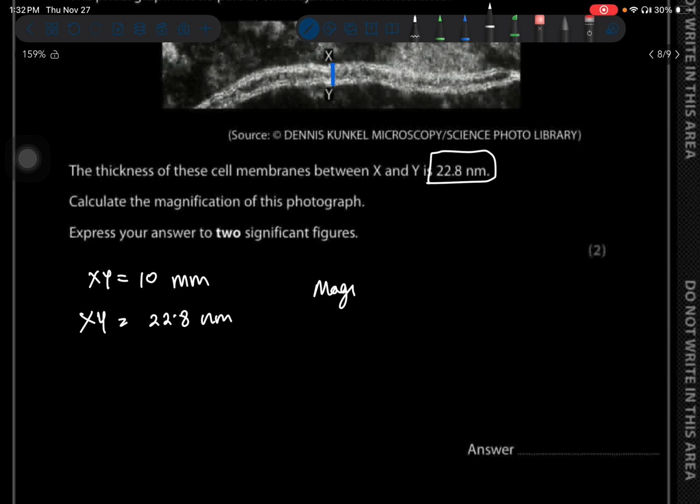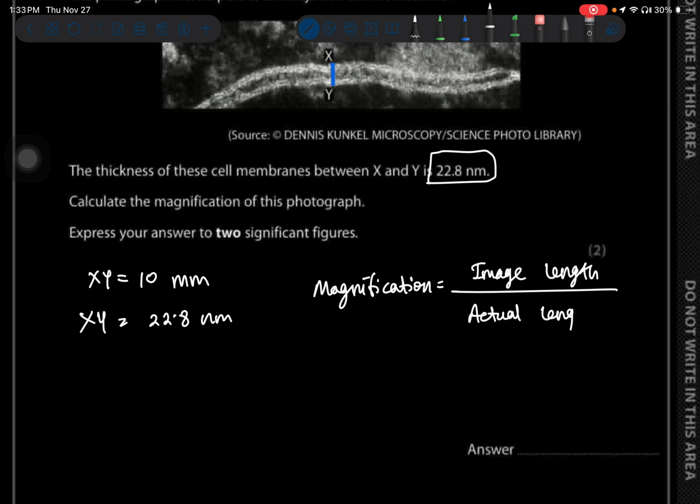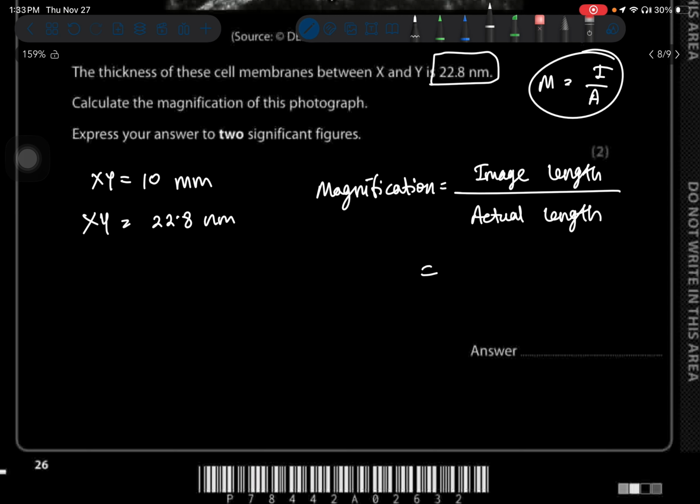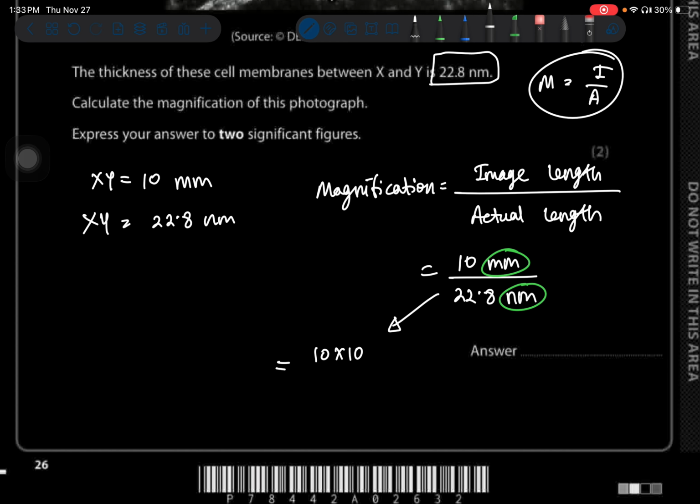Now we know the formula for finding magnification, which is image length divided by actual length. You could remember it like this, I by A. Now image length is 10 millimeters and actual length is 22.8 nanometers. We cannot find magnification if these units are different. So let's bring them down to a millimeter.